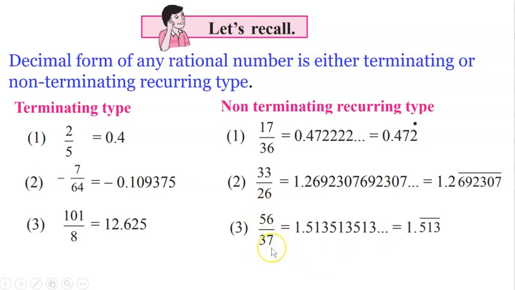Next, 56 upon 37, and if we divide it, then the group of numbers 513 is recurring there, and hence we write here 1.513 with a bar. Okay, and these are decimal forms of rational numbers which are terminating and non-terminating recurring type.